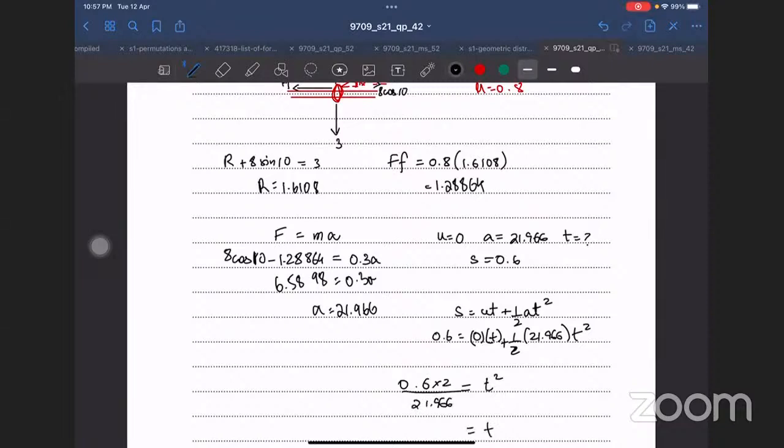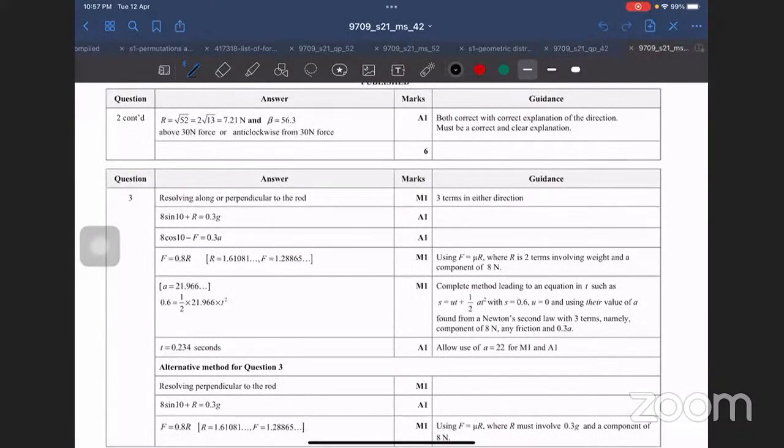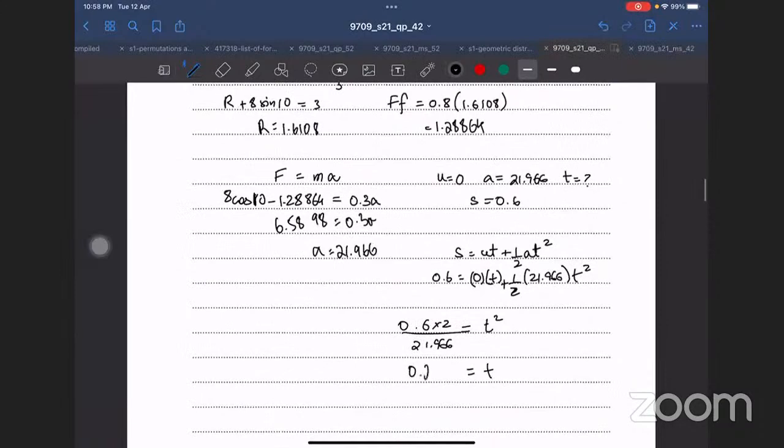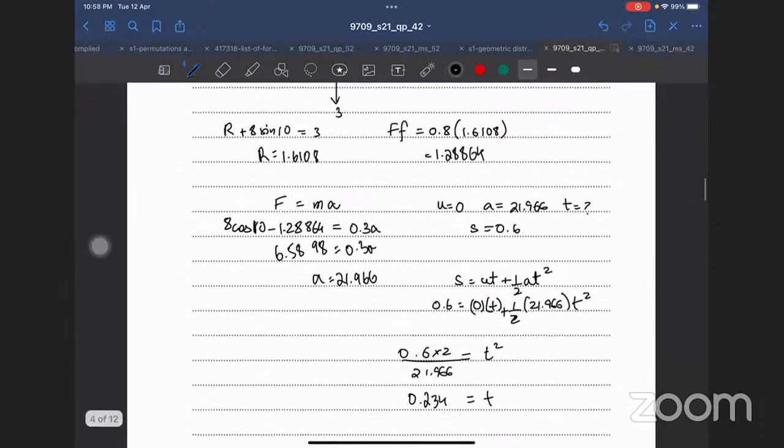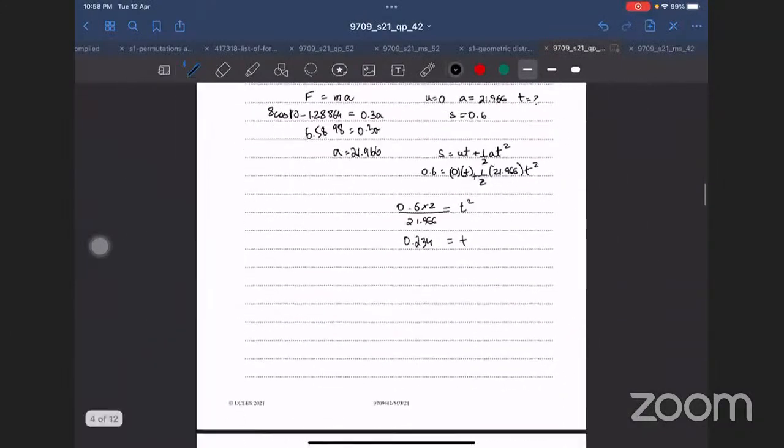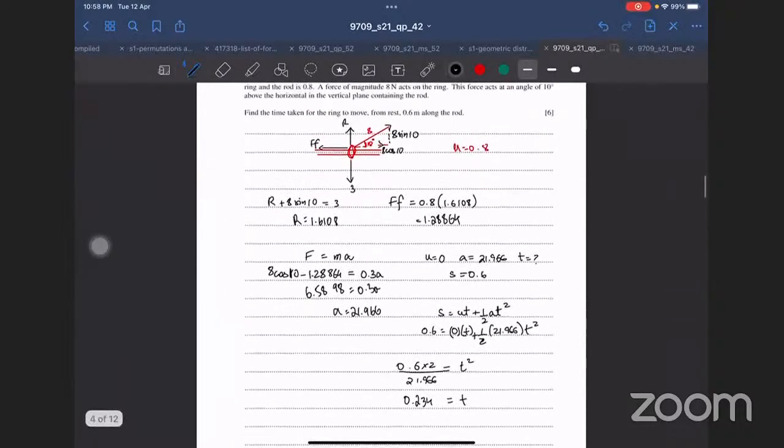So t is therefore equal to 0.234, if I'm correct. 0.234. That's the correct answer. Okay, that's the entire question.